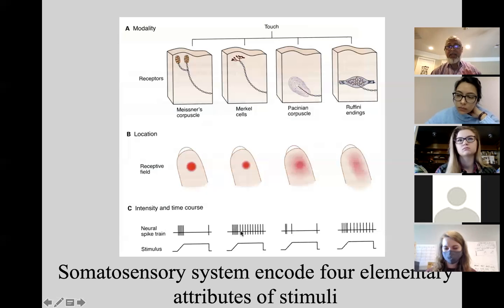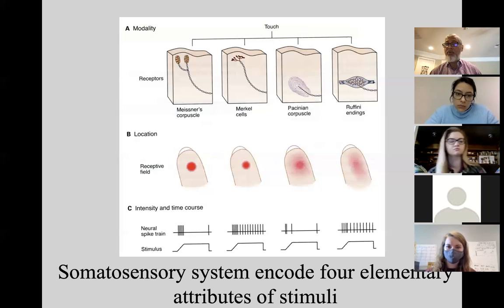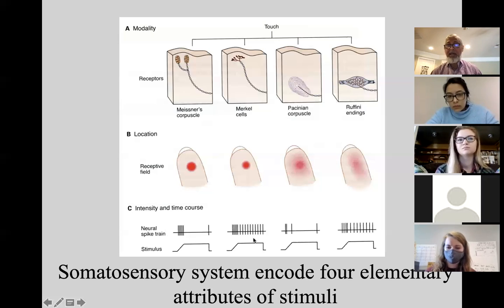So this one and this one are a bit similar in their intensity and in their time course, which means these receptors, as long as you have a stimulus applied, don't get adapted. They do not become desensitized. As long as you have stimulus applied, they will keep responding. But these other two are similar to each other. What happened in these two cases?